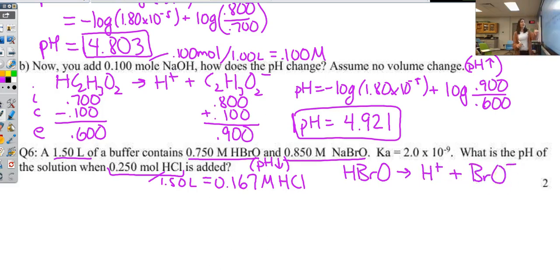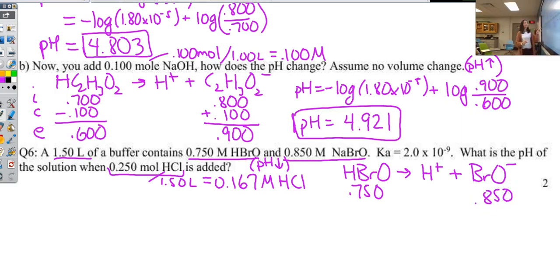And so my HBrO concentration we know is 0.750. And then what else do we know? BrO minus is what? 0.85. Perfect, because remember, this is a salt. And usually they'll start them with Na, which is really nice. You know it's going to completely break up, so this is going to be 0.850.